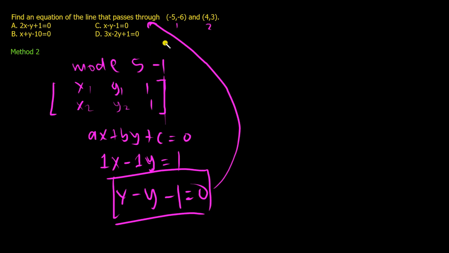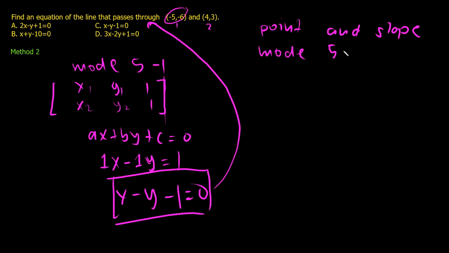But this calculator technique is for when two points are given. What if, ma'am, the calculator technique is used when given a point and a slope? Can I still use mode 5-1? Yes, you can still use it.